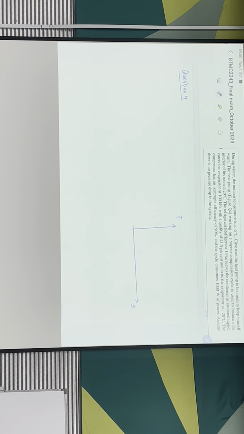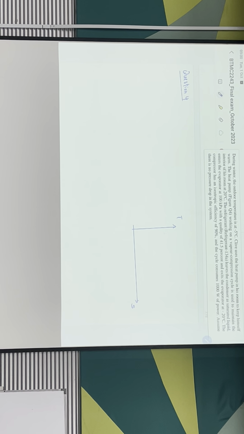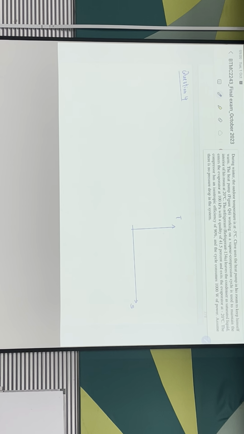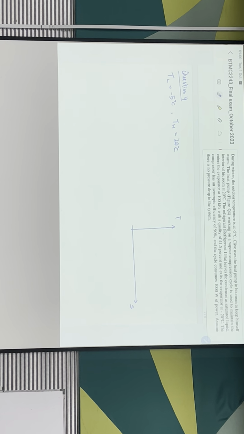We have the outdoor temperature at -5 degrees Celsius. Interior is 20 degrees Celsius. By now, you should be able to identify that these two are TL and TH. So they have nothing to do with the working of the cycle itself. These are all the external temperatures, the reservoir temperatures.